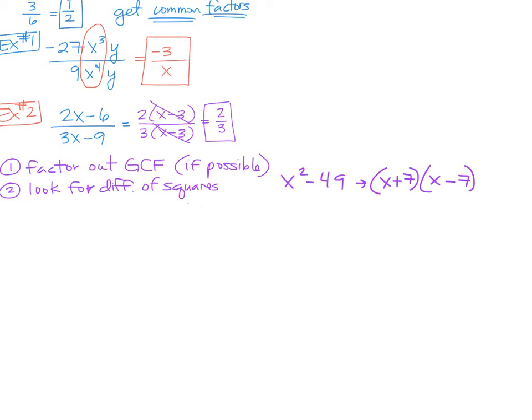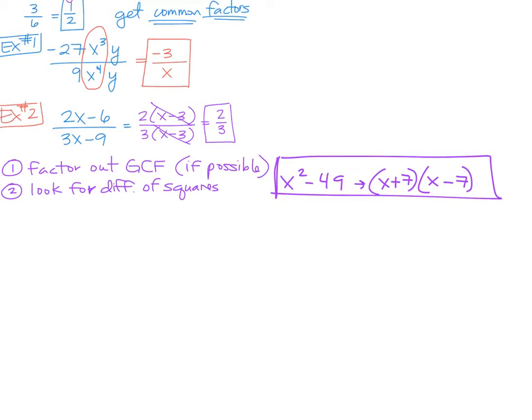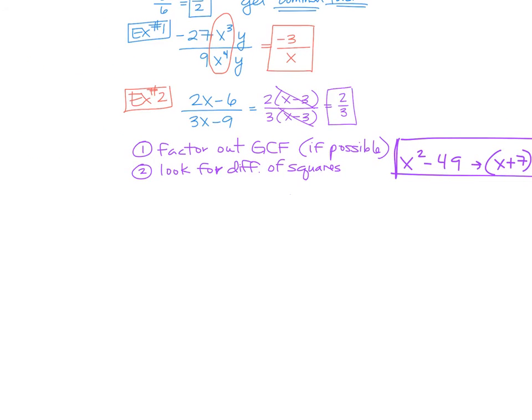So x plus 7 times x minus 7, that's the difference of two squares. X squared is a perfect square, 49 is a perfect square. Okay, difference meaning subtraction. So look for these. They show up fairly often in what you're going to do. And then once we've done that, step 3 from there is you're going to factor. You're going to do the star method. Okay.